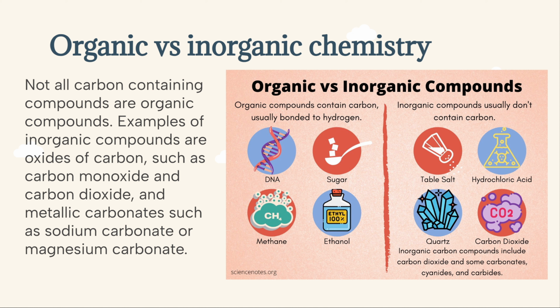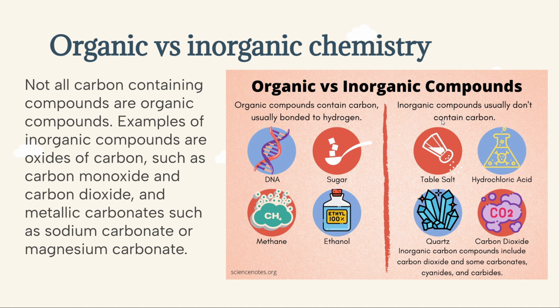So all living organisms will contain carbon compounds. For example, DNA has carbons in it. We also have sugar, which we know as C6H12O6, methane, and ethanol, which is our alcohol. So once again, organic compounds have carbons and are found in all living things.